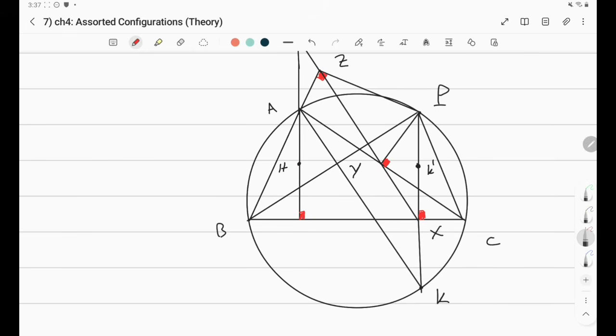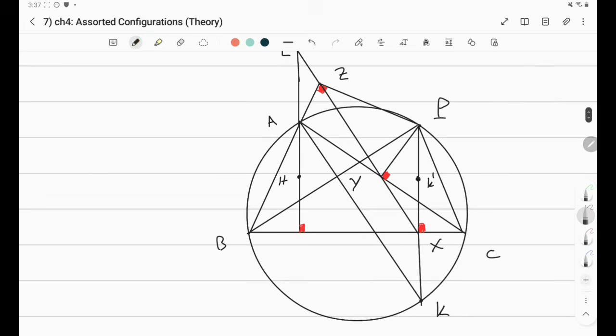Now what do we want to do? We want to actually look at the diagram and also get another parallelogram. Can you catch it? Our parallelogram is AHK'P. This one.